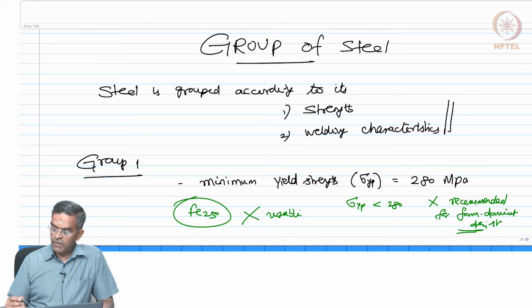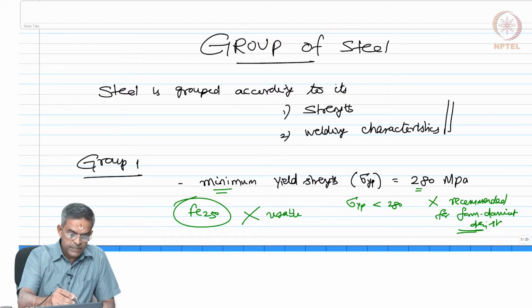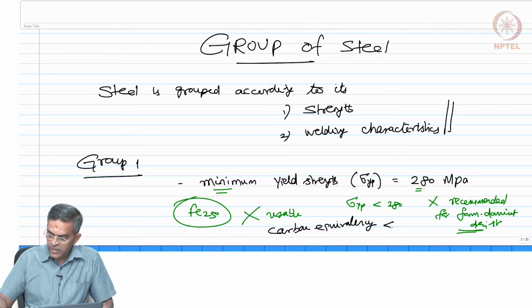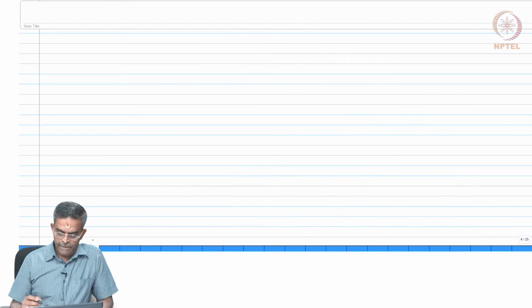The first requirement is that sigma Yp should be a minimum of 280 and the carbon equivalency should be less than 0.4% by weight.